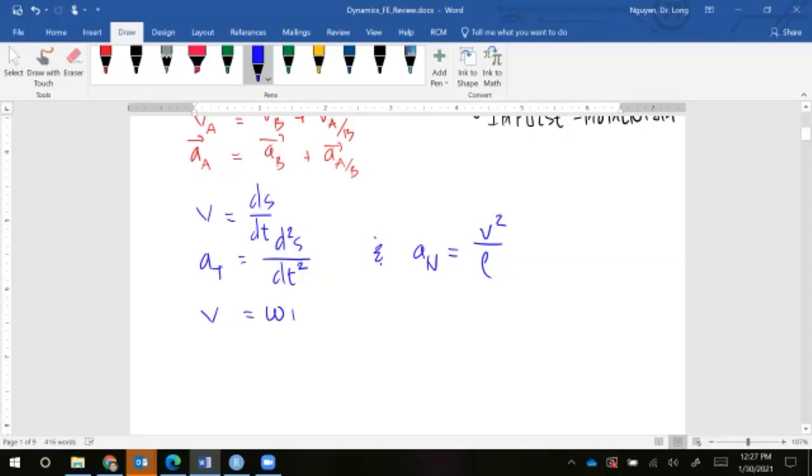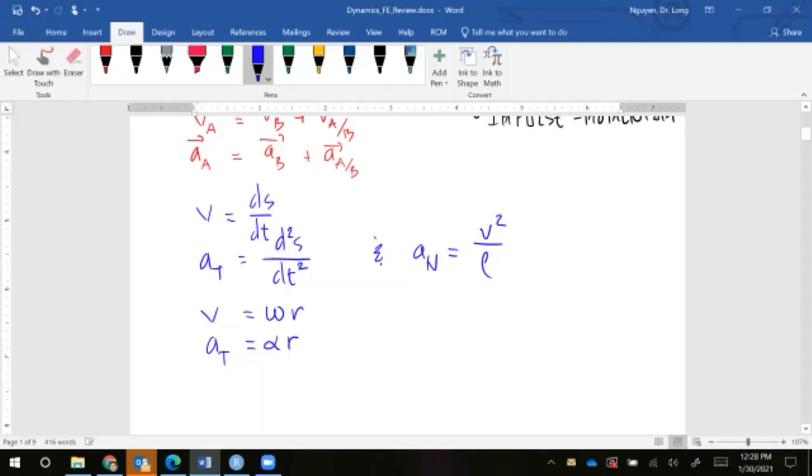I just make it simple like that. And then if we talk about the tangential component of the acceleration, it equals the angular acceleration times the radius, from the point that the body rotates about to the point that we take velocity or acceleration.